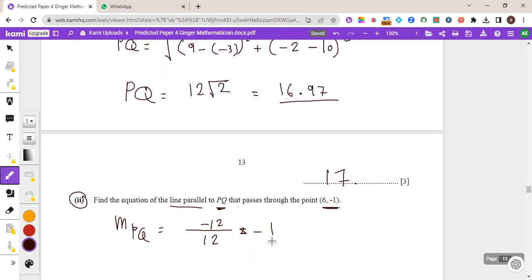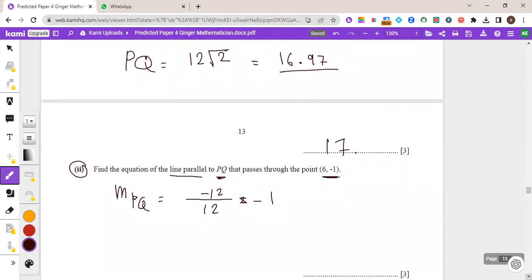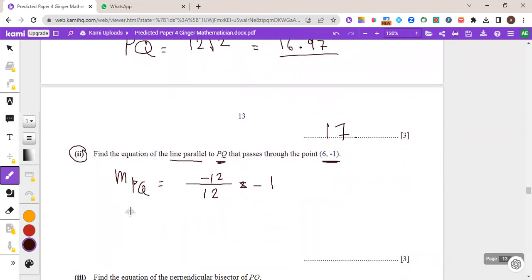So the gradient of the line will be minus 1 also because they are parallel, the same gradient. So the equation will be y equals minus x plus c.